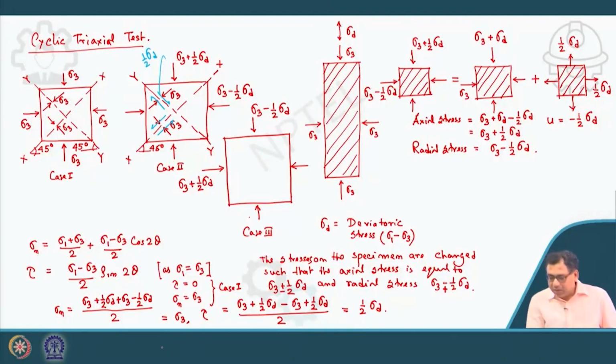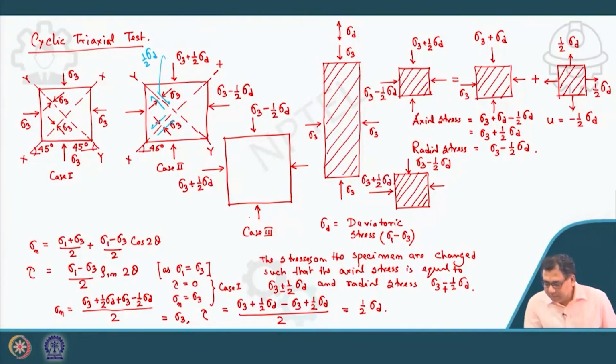Okay, how can I achieve this condition? You come to the loading condition. So this is my element. Now it is sigma 3 minus half sigma d. This is sigma 3 plus half sigma d.